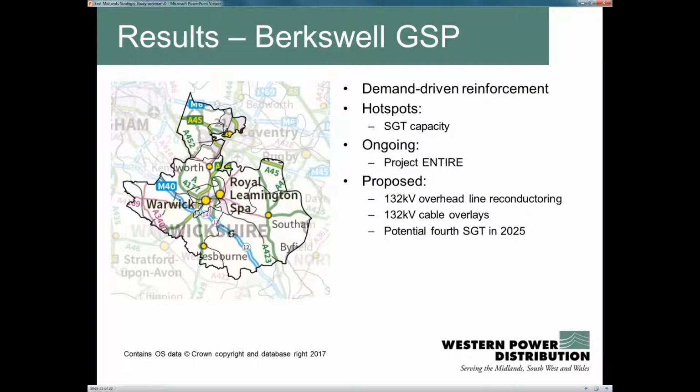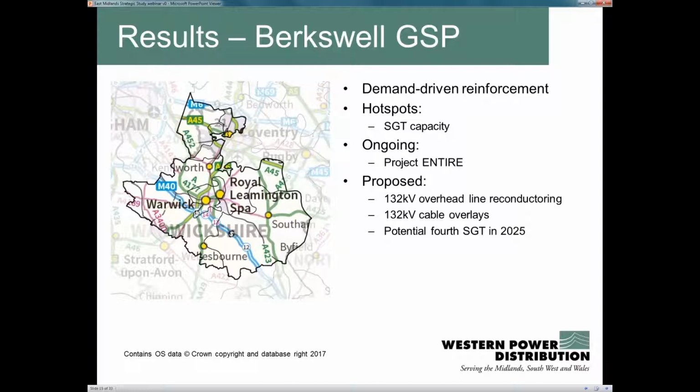So for instance, Berkswell grid supply point, we see that once we start getting towards the later scenarios, then supergrid transformer capacity is a particular constraint. What we're proposing and doing in this particular area, we've proposed within the network strategy work as a low regret scenario investment, would be to overlay the 132 cable sections and also reconductor some of the overhead line 132 kV circuits.